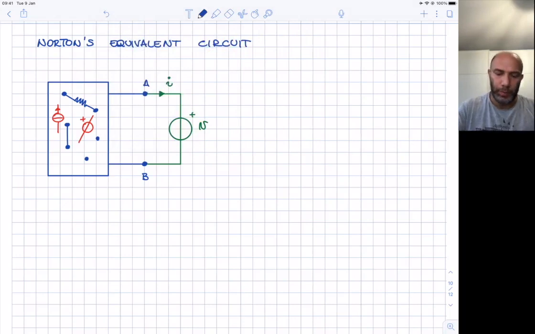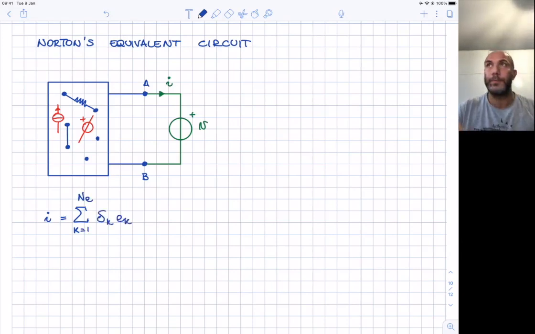Again, applying superposition we can say that the current I can be obtained as the sum of the contributions of the voltage generators, so for K from 1 to the number of voltage generators, of a coefficient delta K EK, plus the sum of the contributions of the current generators.